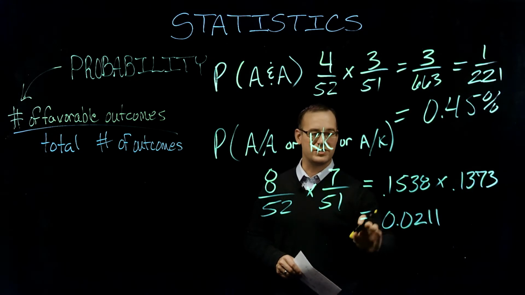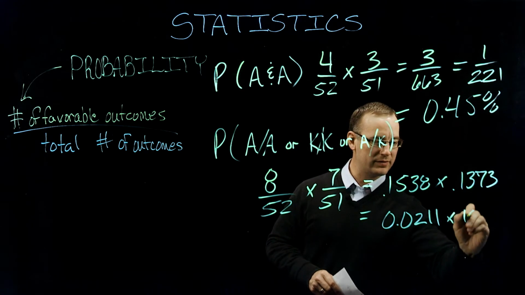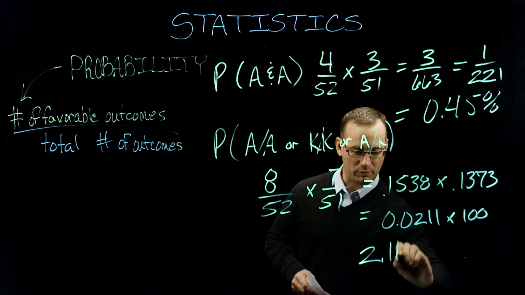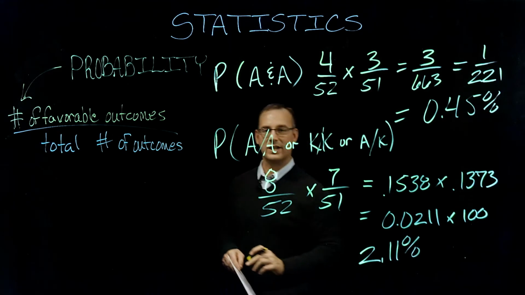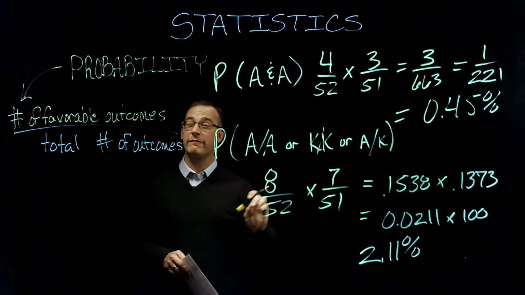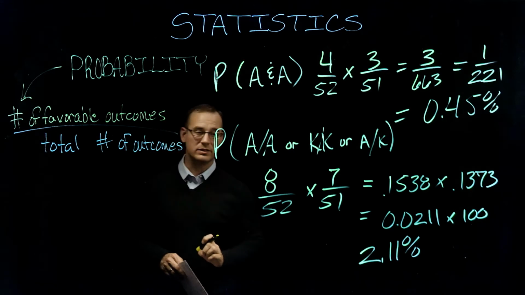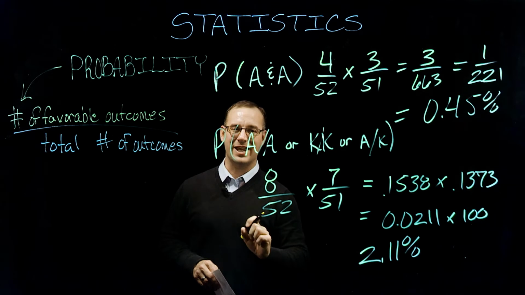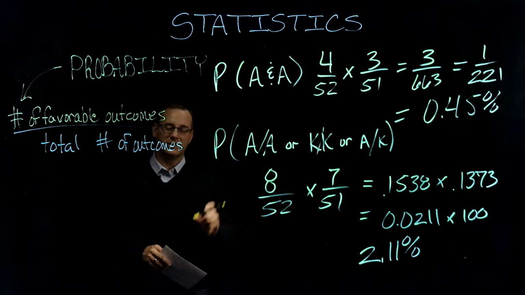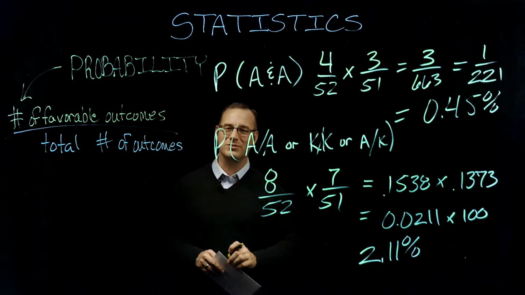Converted to a percentage, just take this times 100, and we come up with 2.11% of the time. Just a little over 1 out of 50 times are we going to get ace-ace, king-king, or ace-king.